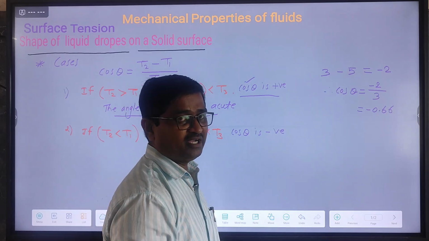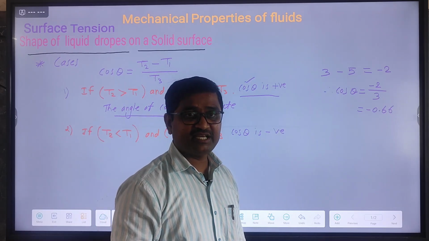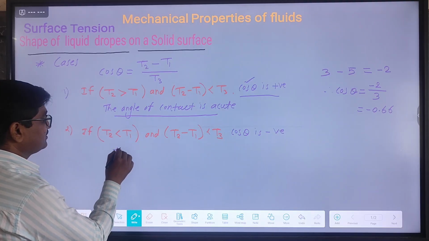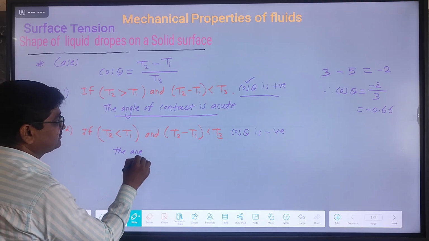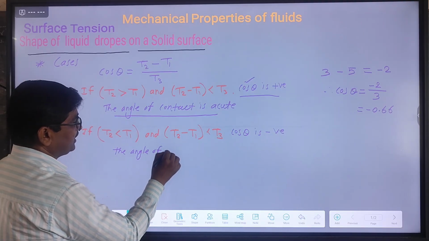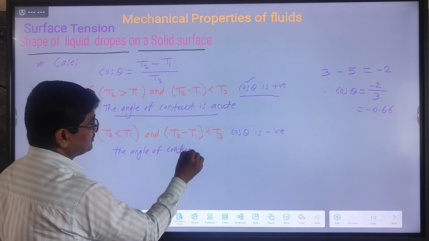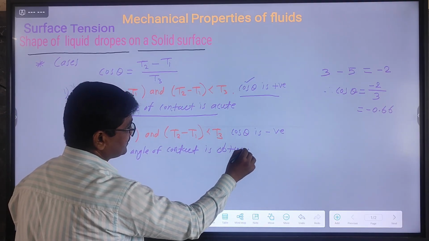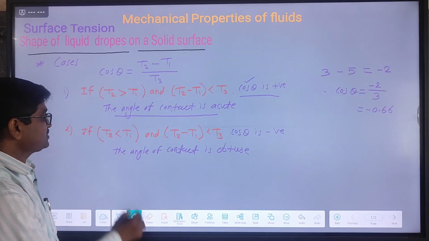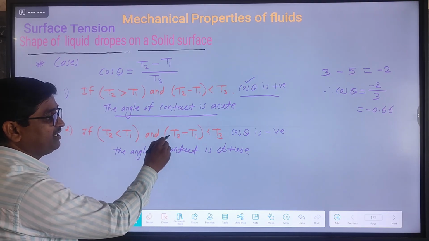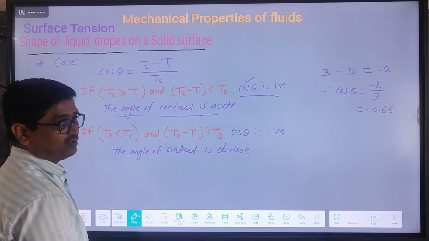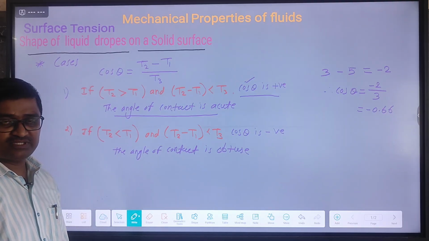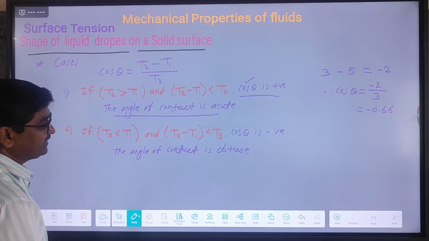Cos theta is negative, it means theta is present in the second quadrant. It means the angle of contact is obtuse. Okay, angle of contact is obtuse. If T2 is less than T1 and T2 minus T1 is less than T3, cos theta is negative and the angle of contact theta is obtuse. Get it clear? This is our second concept.